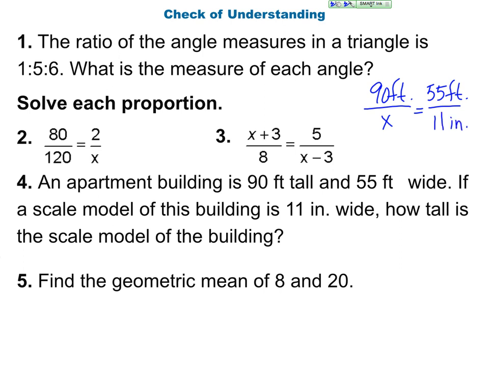Now, you do not have to convert the feet into inches unless you really want to. As long as you have the same thing being compared, feet, what's X going to be in? Inches. Feet compared to inches, feet compared to inches. In that case, you can really ignore the units and just cross multiply. 90 times 11, and then you're going to divide by 55.